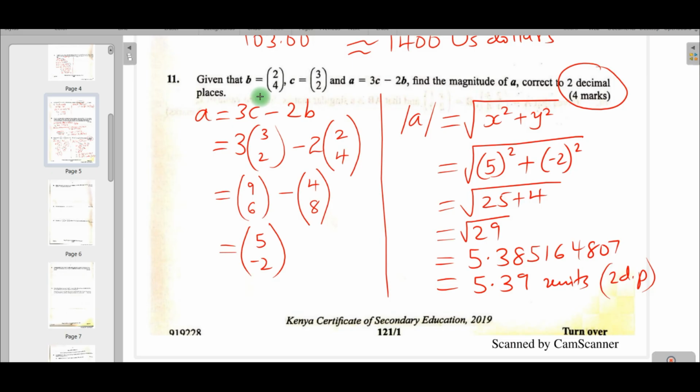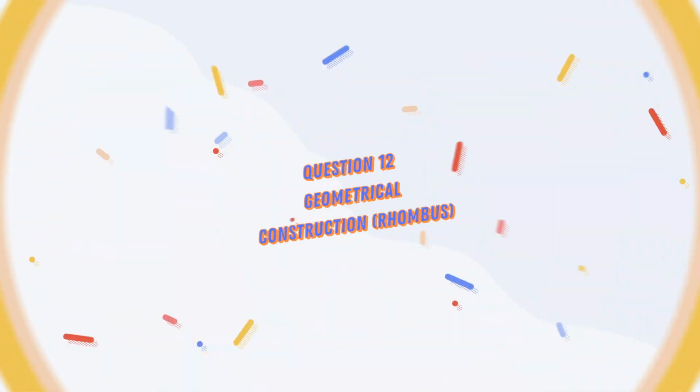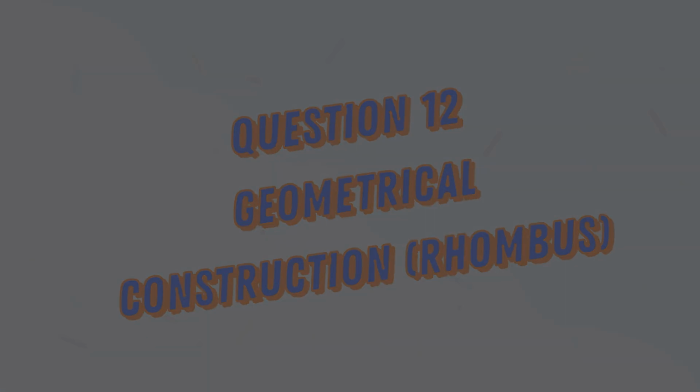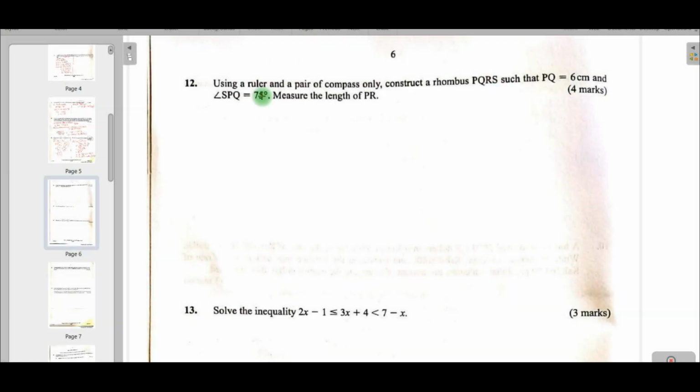We proceed on to the next question. Using a ruler and a pair of compasses only, construct a rhombus PQRS such that PQ is equal to 6 cm and angle SPQ is equal to 75 degrees.